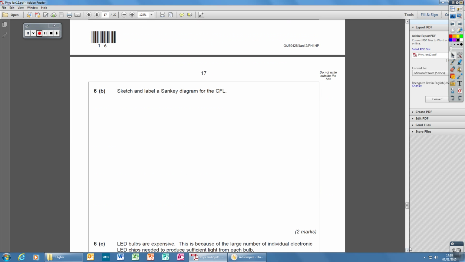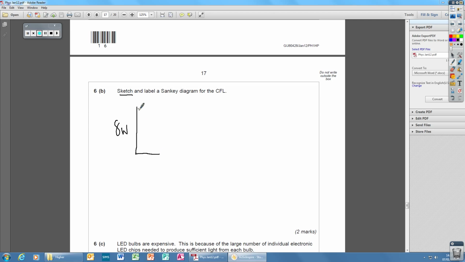Okay, so for the CFL, you want something like this. Let me get my pen back. So here we go. So this is the input, 8 watts. It does say sketch, by the way, so it doesn't have to be to scale.